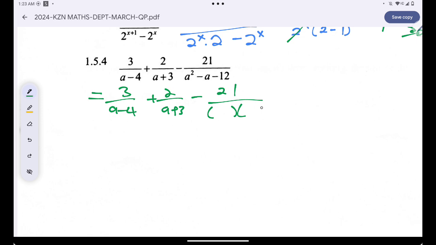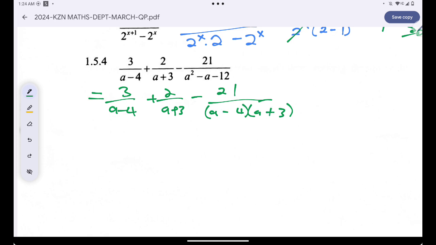Here my LCD, I have a 4 and 3, minus and plus.